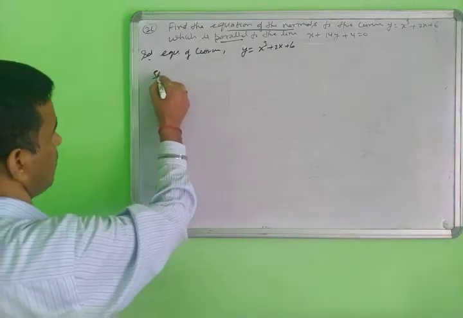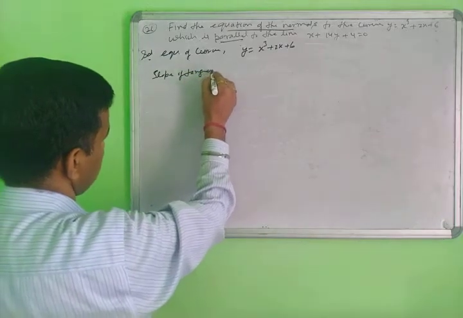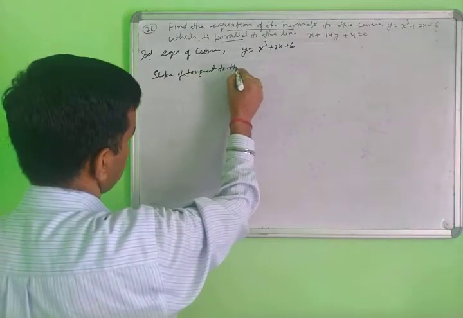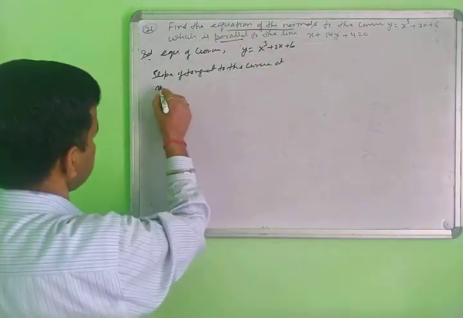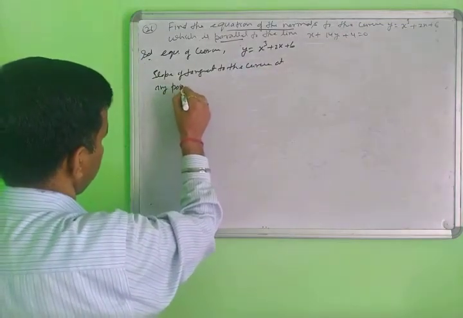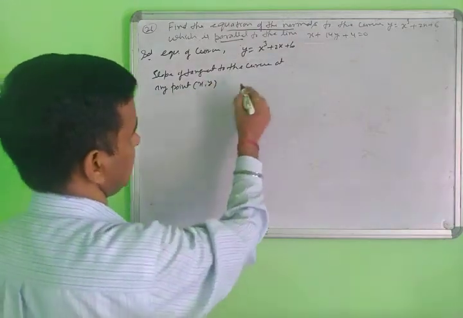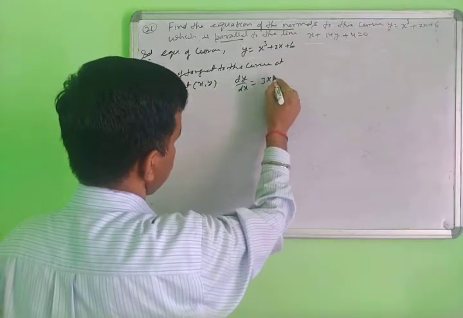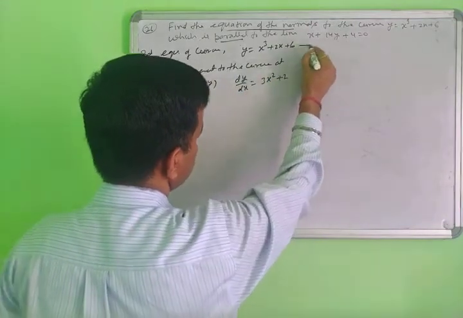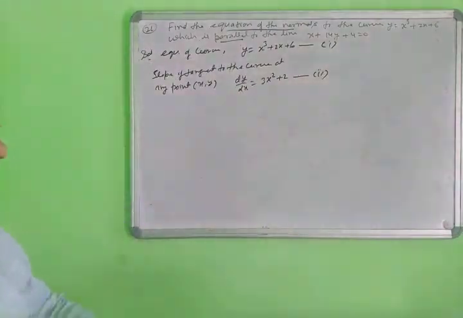Now, slope of the tangent to the curve at any point xy. You do not have any particular point here. That means dy over dx equal 3x square plus 2. This is the first equation and this is the second equation.